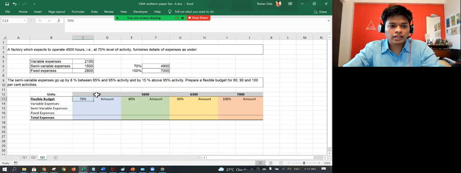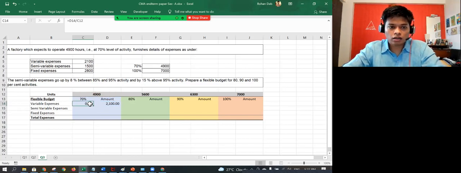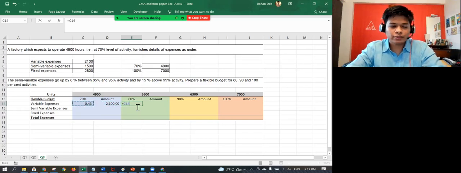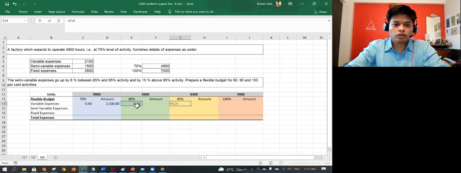So for 4900 units, your variable expense is 2100. So 2100 divided by 4900 gives you 0.43 per unit. For variable expenses, the per unit variable expense is the same for all production levels, basically.